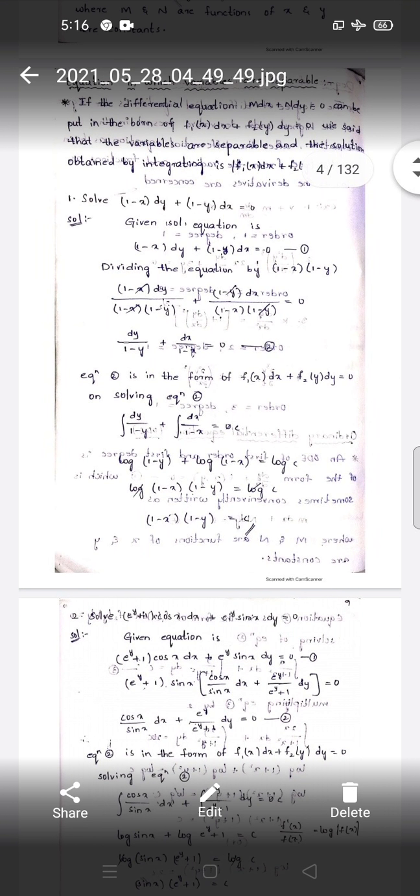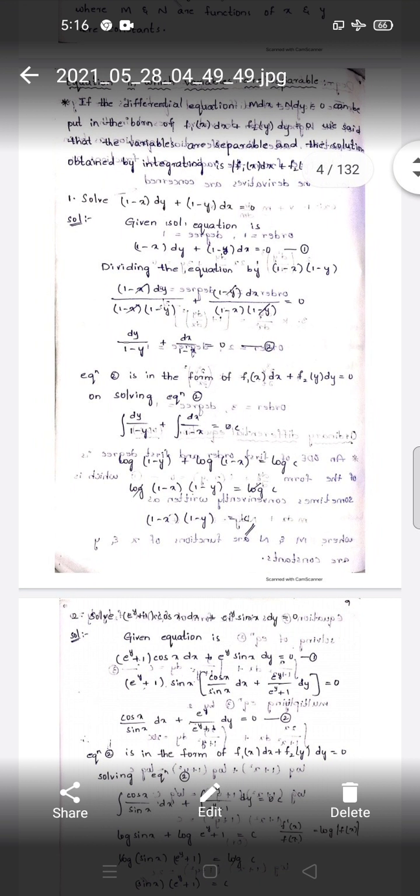So dy by (1 minus y) plus dx by (1 minus x) is equal to 0. This is equation 2. Equation 2 is of the form f1 of x dx plus f2 of y dy is equal to 0.